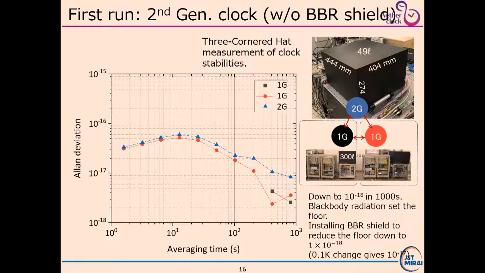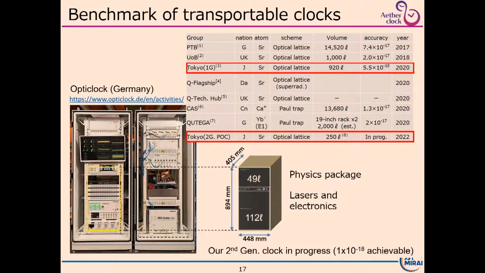This instability is not excellent. This is because this measurement was before the installation of the blackbody radiation shield. This floor was given by blackbody radiation. And this is a benchmark of the transportable clocks.